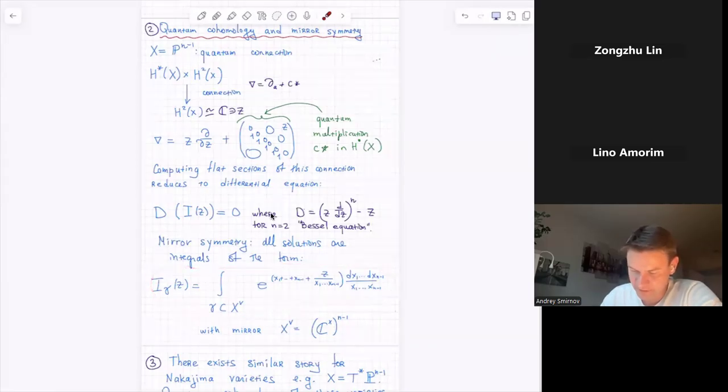So here you see exactly the same function as appeared in the Kloosterman sums, which we discussed. So it's exactly the same superpotential. And different solutions appear as integration of this form over different cycles in the so-called mirror variety. And in this case, the mirror variety is just a torus.